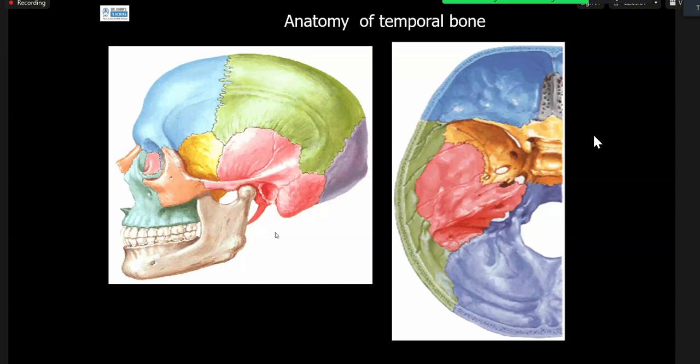This is what this session is about. Next session, I've decided that we will take it further and we will go into the base of the skull and PNS and orbit. So that will consolidate the whole of this area.